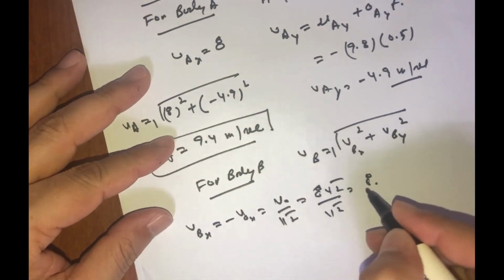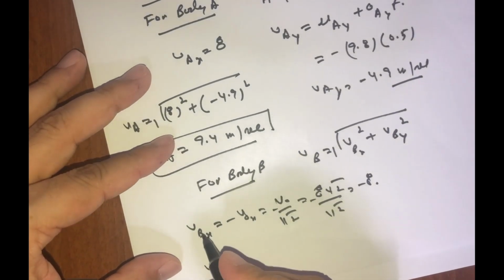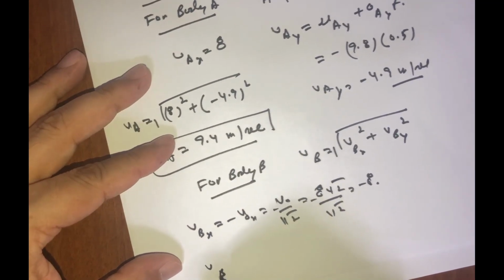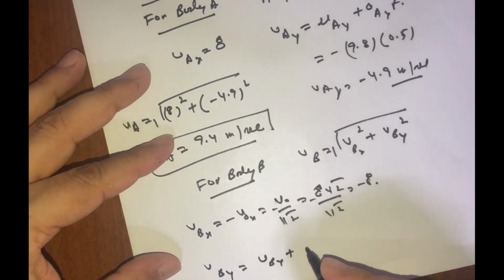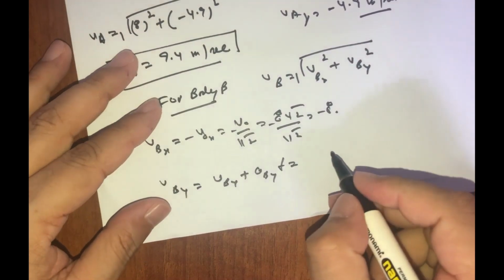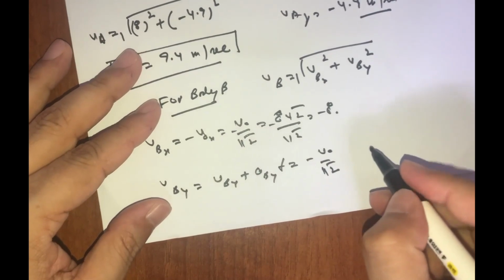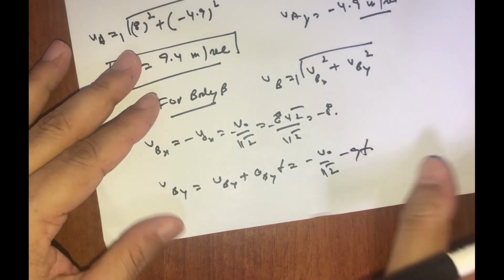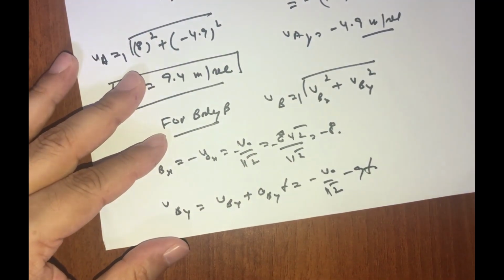This will be minus and this will be minus. Similarly, VBY is equal to UBY plus ABY multiplied by t. This will be equal to minus V0 over root 2, and this will be minus g t. So we can solve it further like this.